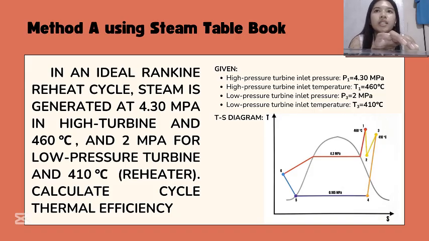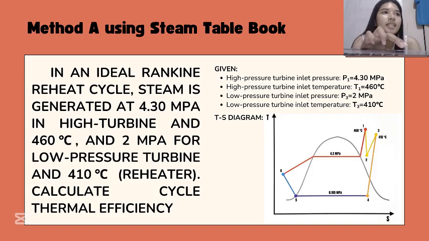Method A, using steam table book. To begin, let's look at the parameters provided for this cycle. The steam is generated at a high pressure turbine inlet pressure of 4.3 MPa and a temperature of 460 degrees Celsius. After partial expansion, the steam is reheated at 2 MPa to a temperature of 410 degrees Celsius before entering the low pressure turbine.